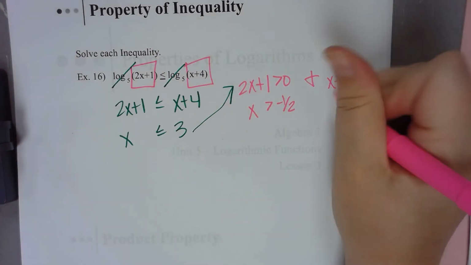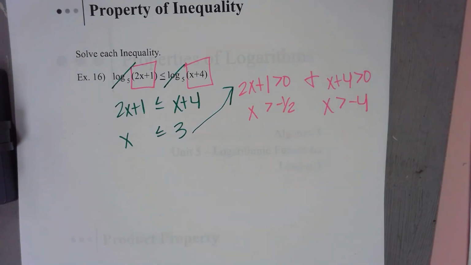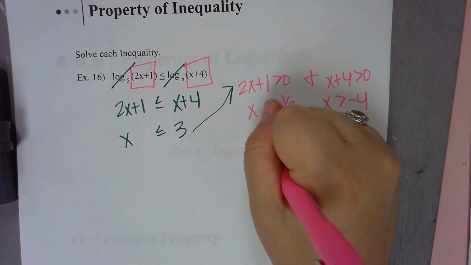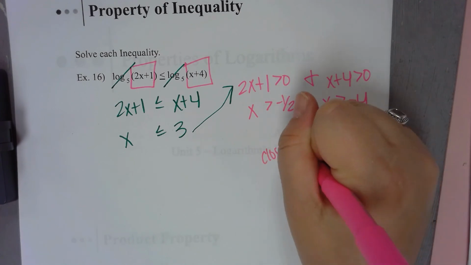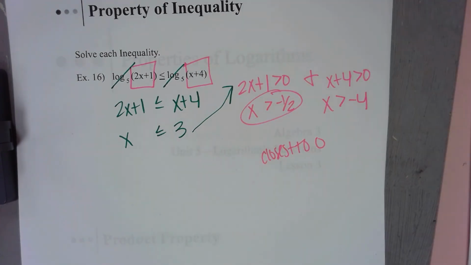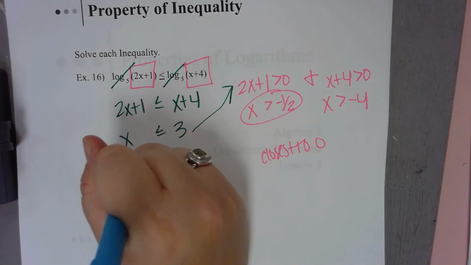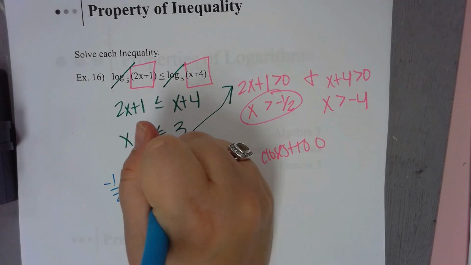So x is greater than negative 1/2, and x is greater than negative 4. We're going to choose the one closest to 0, so the negative 1/2, to write our final answer, that x is in between negative 1/2 and 3.